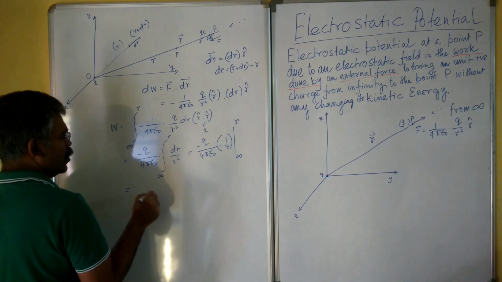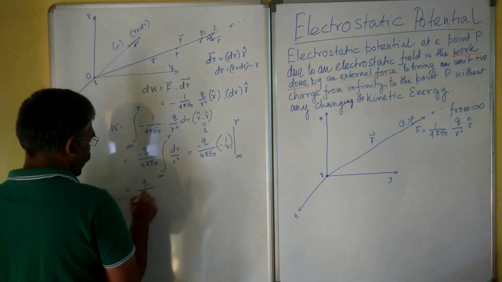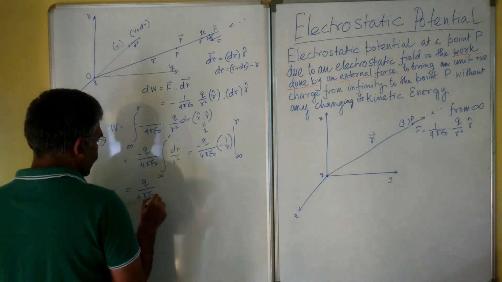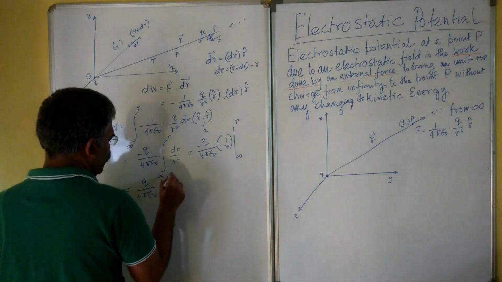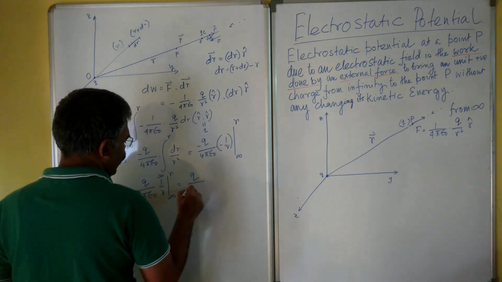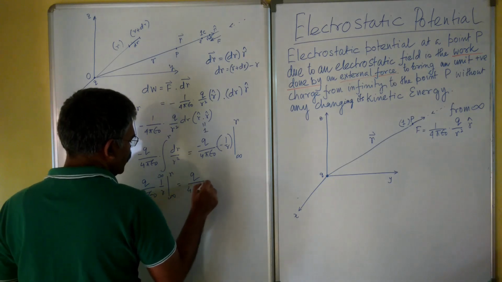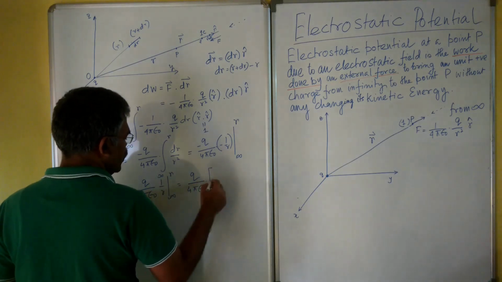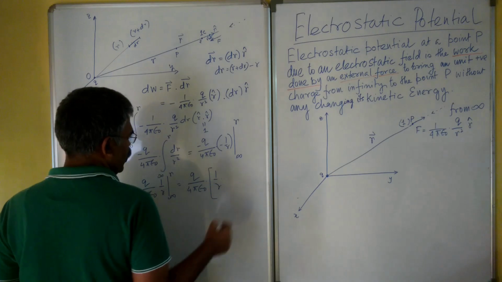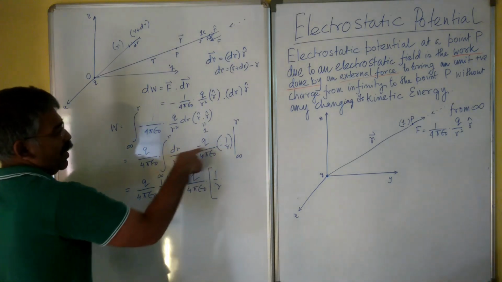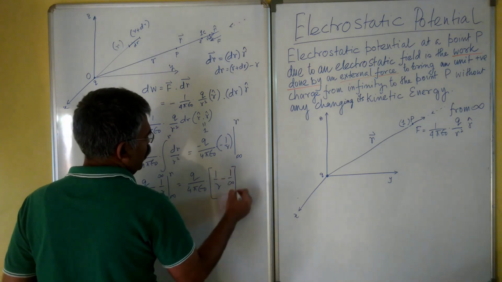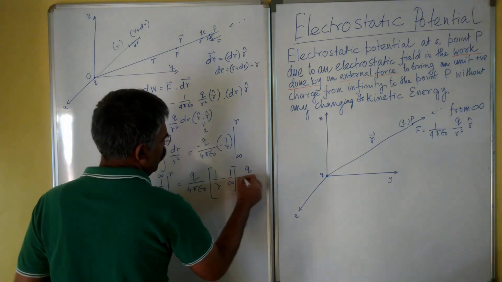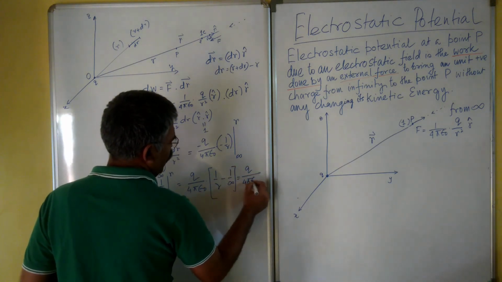The two minus signs cancel, so that is q by 4 pi epsilon 0 times 1 by r, minus 1 by infinity, which is q by 4 pi epsilon 0 r.